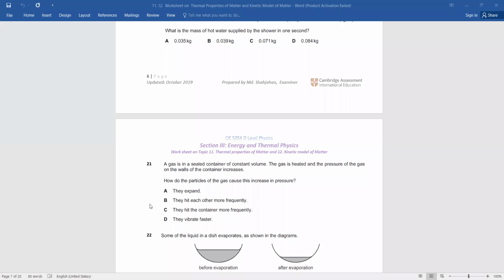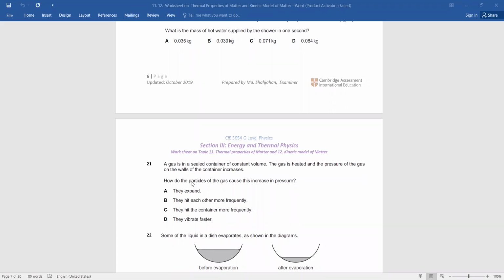Sir, C, I think. One option is that they heat the container more frequently. And there is another one, they vibrate faster. And there is another option, they expand, it is wrong, right?